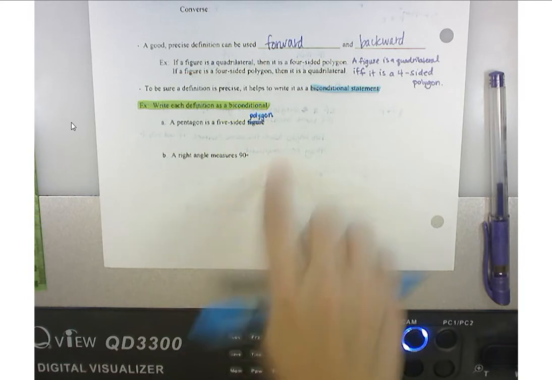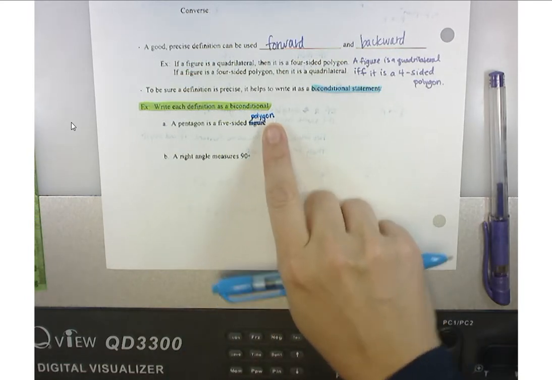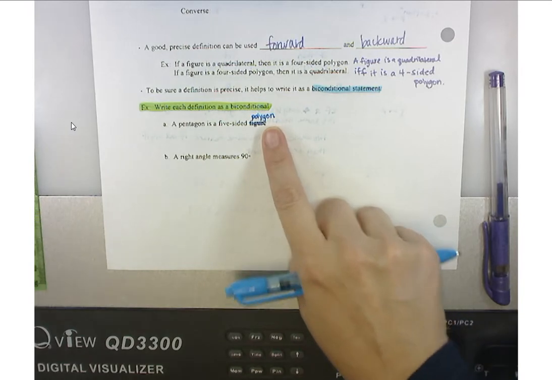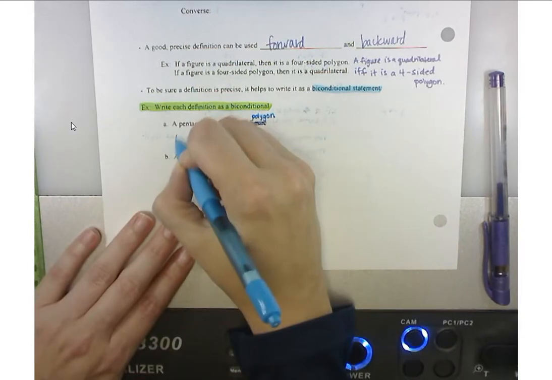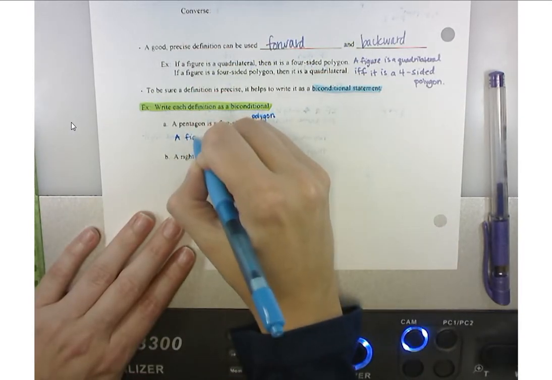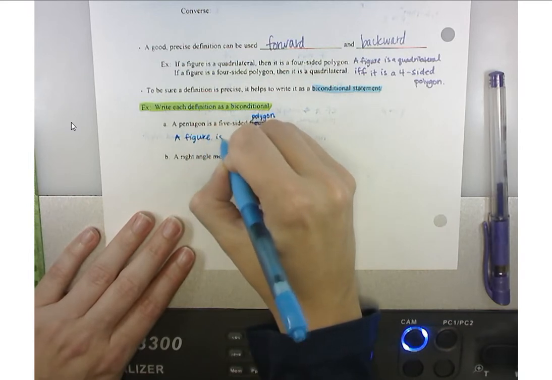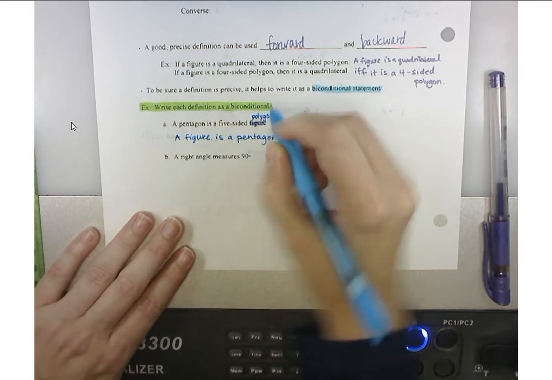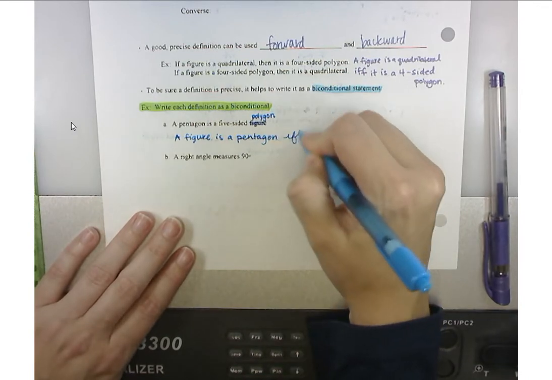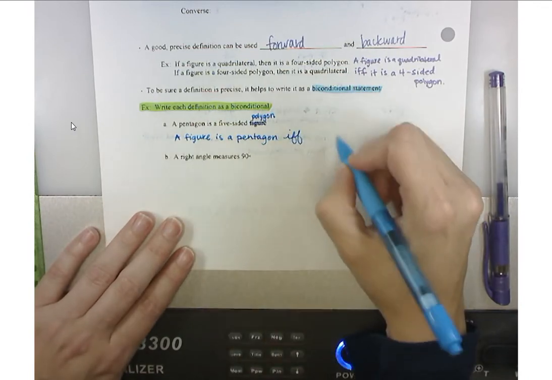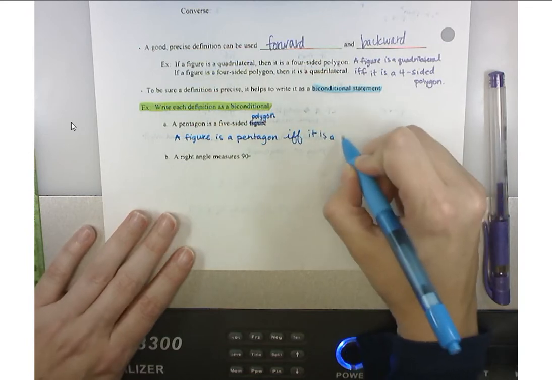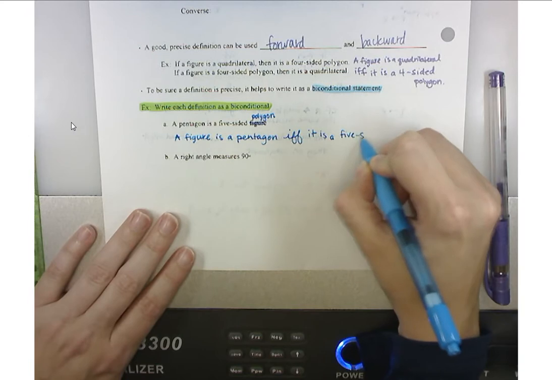So for polygons, you could use shape, or another common word you'll see is figure. So a figure is a pentagon if and only if, and you can just do the IFF, it is a five-sided polygon.